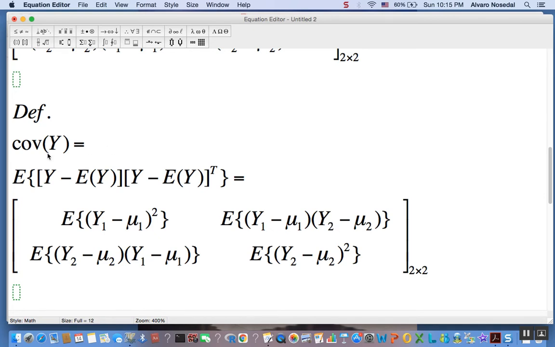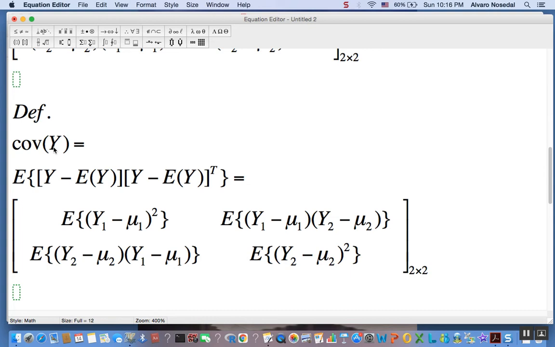Okay, so that's why we refer to this matrix as the covariance matrix. And the covariance matrix of a vector is exactly that, a matrix. In our case, we had originally a random vector.